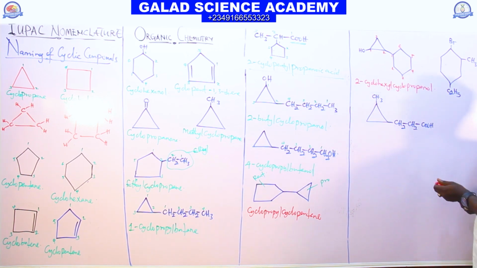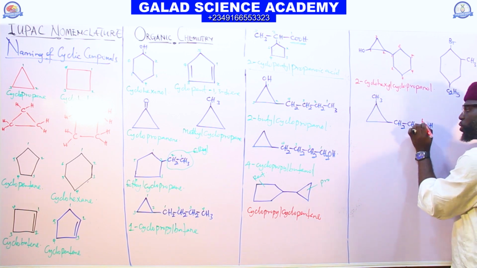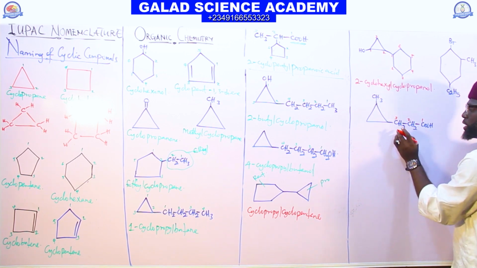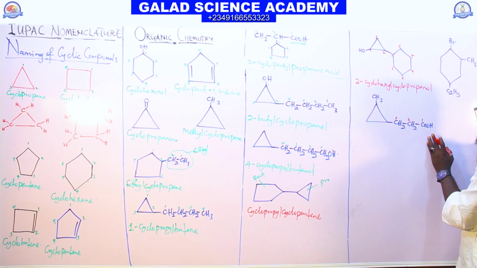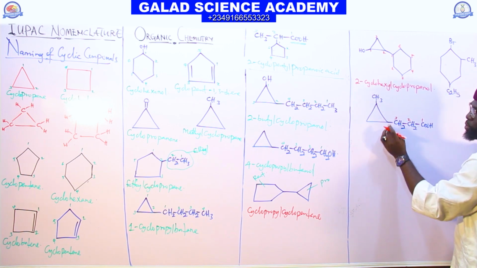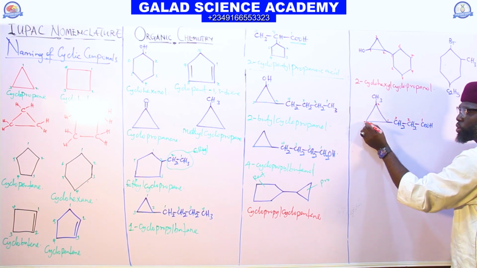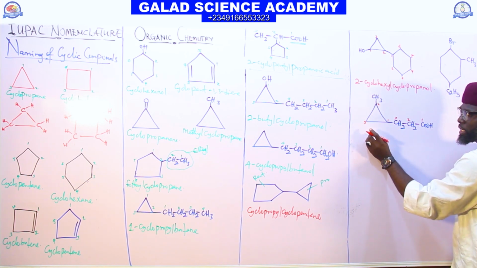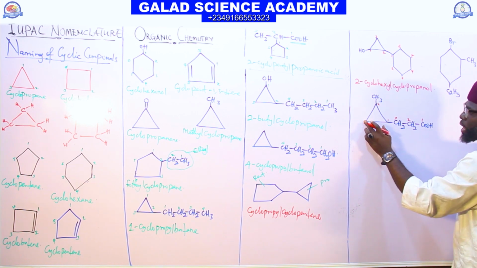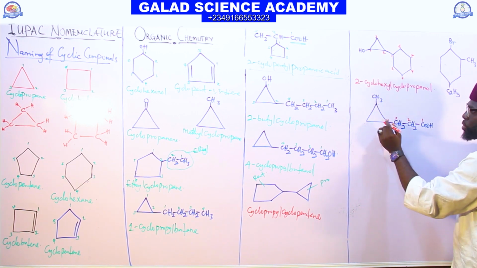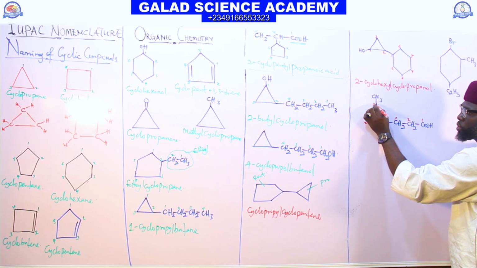Automatically, this is my parent chain. 1, 2, 3, which is what? Propanoic acid. This one is substituent group. This attached 1, 2, 3. If I name it in that way, or I will say what? No, 1, 2, 3.